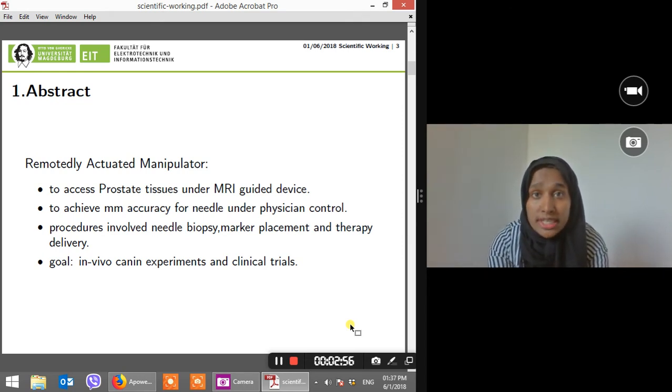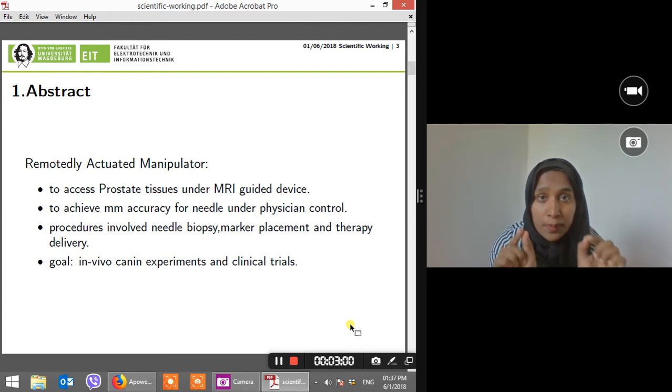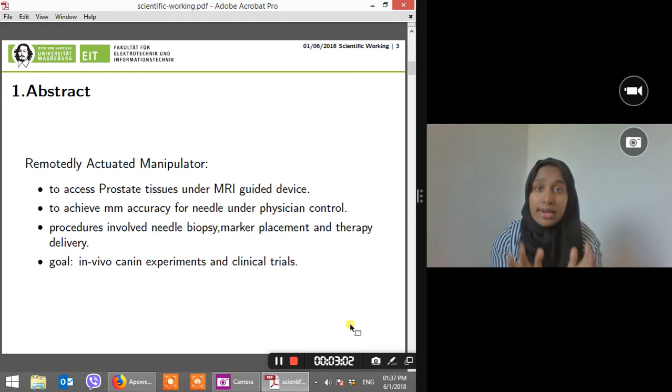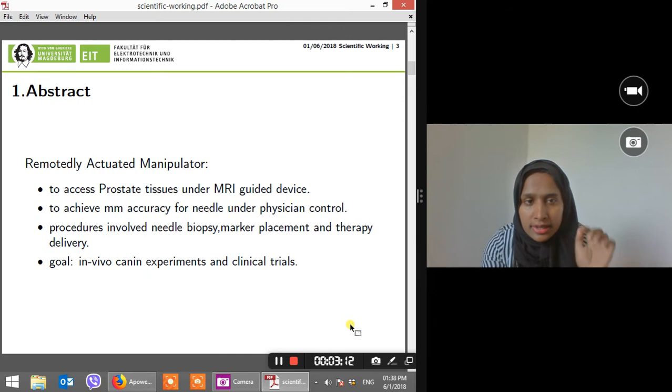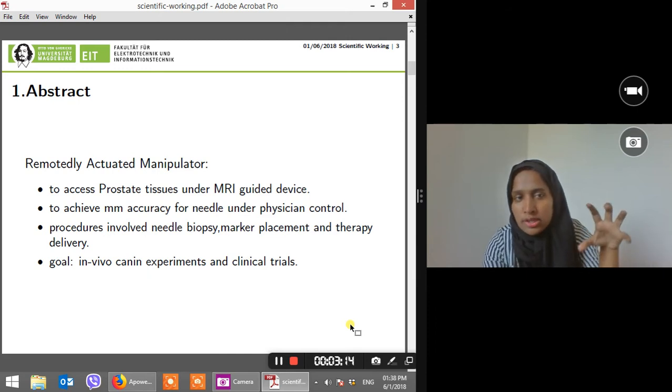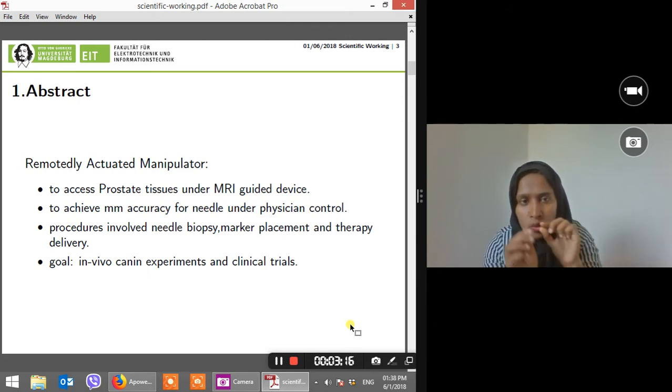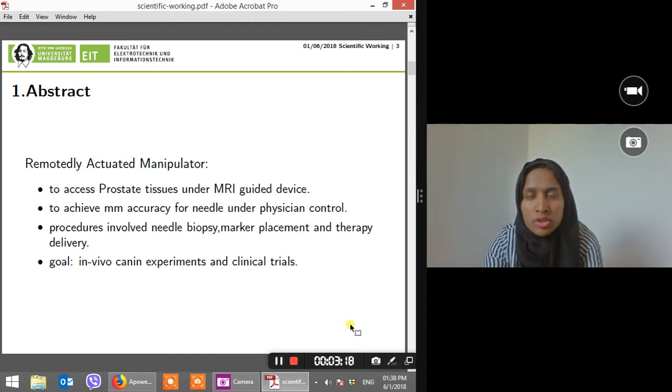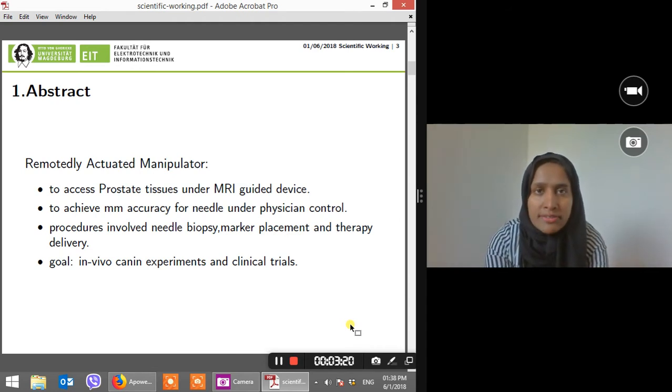This manipulator will first access the prostate tissue under the guidance of magnetic resonance imaging. When we insert the needle inside the body, the MRI will continuously be monitoring where the needle is going, the path of the needle and how it will be going.